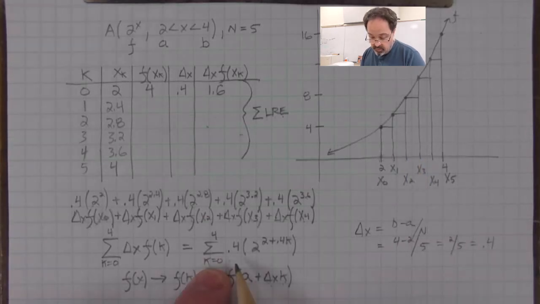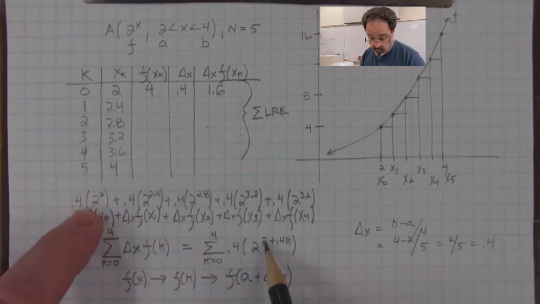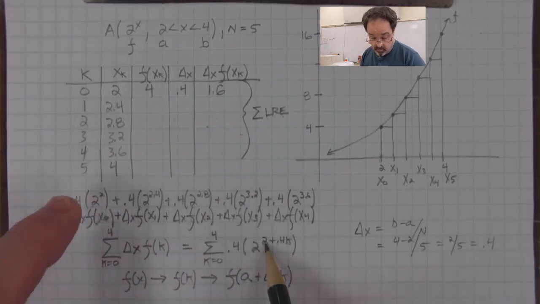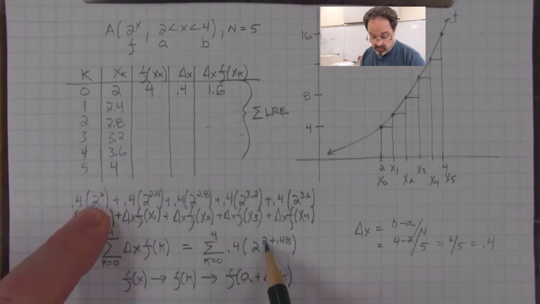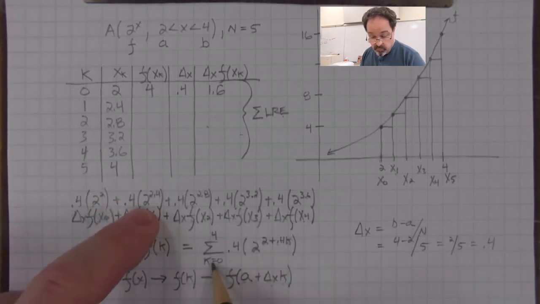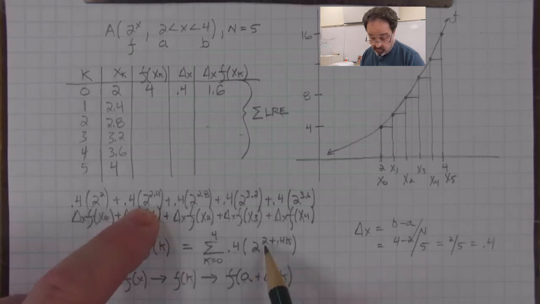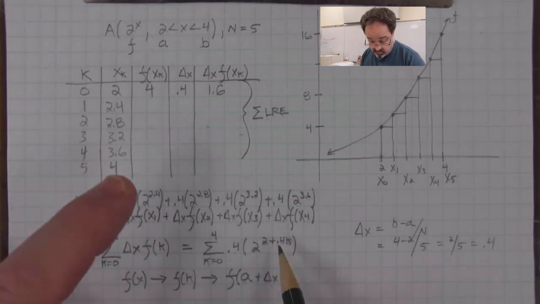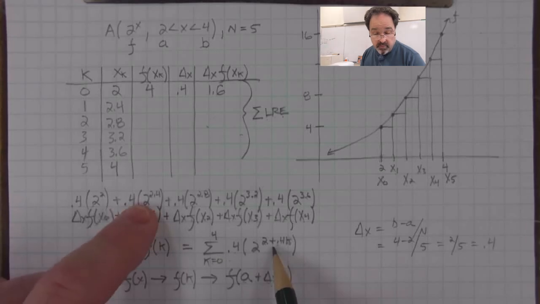So this will be 0.4 times 2 to the 2 plus 0.4 times 0. 0.4 times 0 is 0, so 2 plus 0 is 2, and we get the 0.4 times 2 squared that we expected. Let's check the next one. With a k value of 1, we get 0.4 times 2 to the 2 plus 0.4 times 1, or that's 2 to the 2 plus 0.4, which is 2 to the 2.4 that we expected.